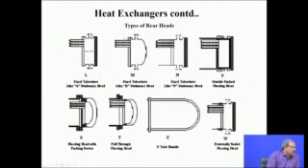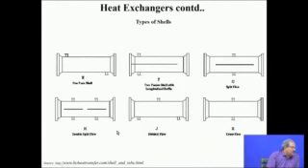So these are the different types of the rear heads. You can look at it and get an idea of how it would look, and these are some of the types of shells which we commonly encounter in the design.